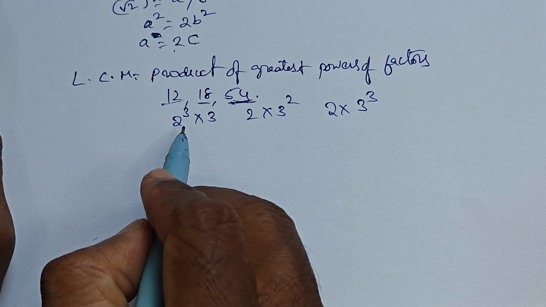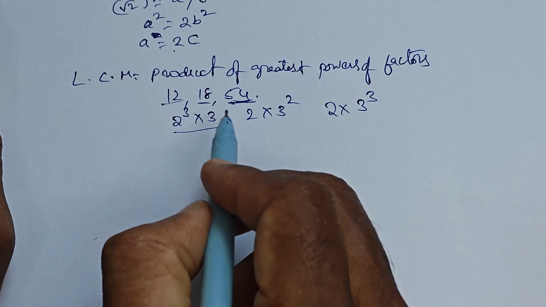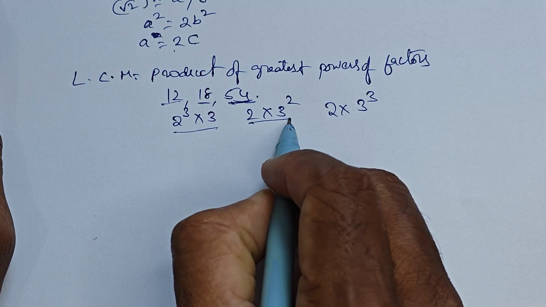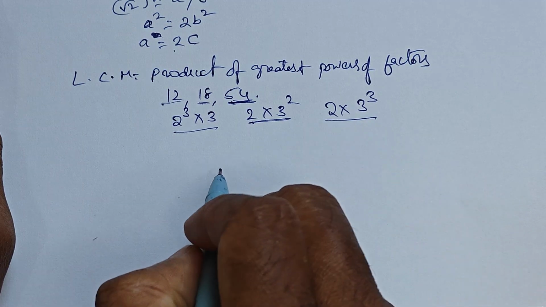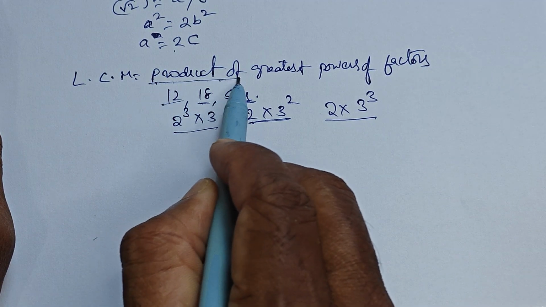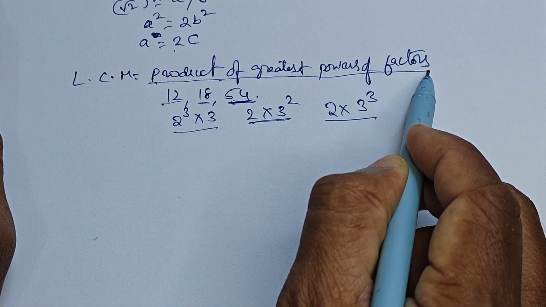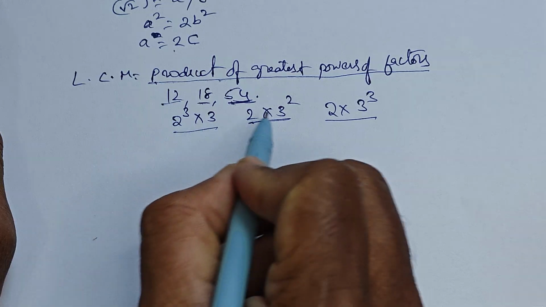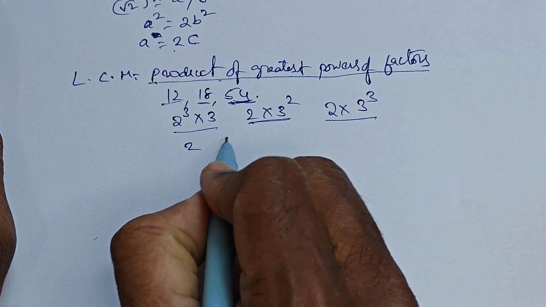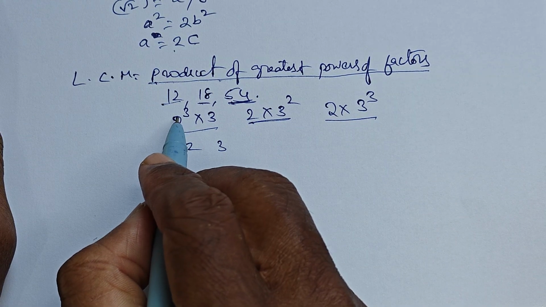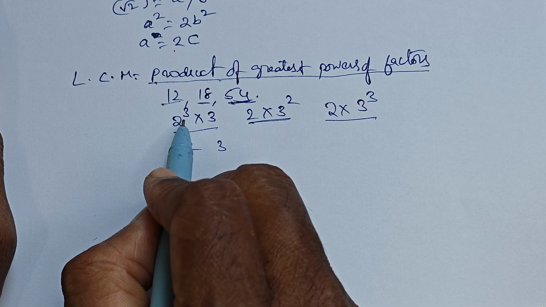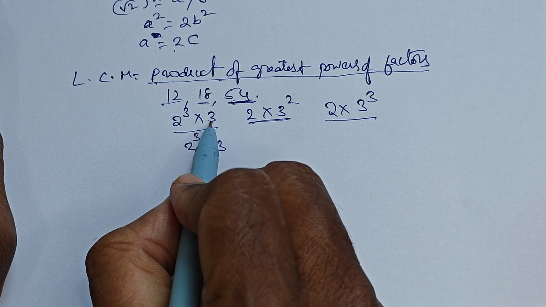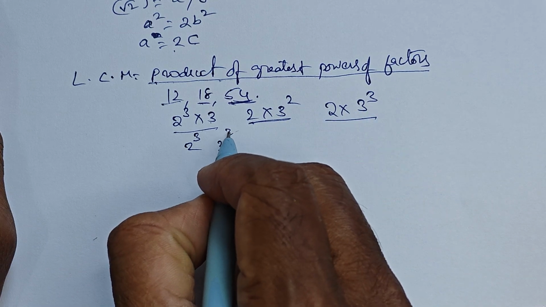So for each one you need to write the given number as a product of prime factors. Similarly, you must write all three numbers this way and apply this rule, the product of the greatest powers of the factors. What are the factors? 2 and 3 are common everywhere. So I will take 2 and 3, and the greatest power of 2 in all three is 3, and for 3 also 3.